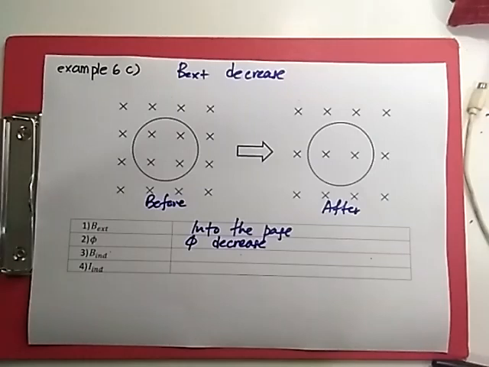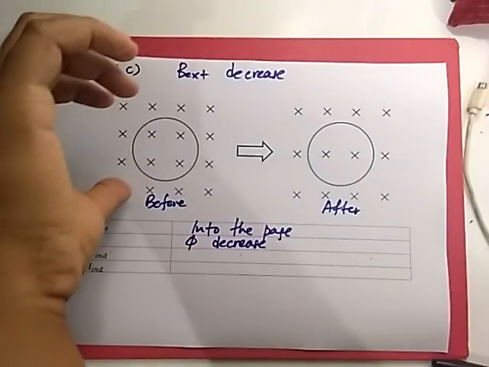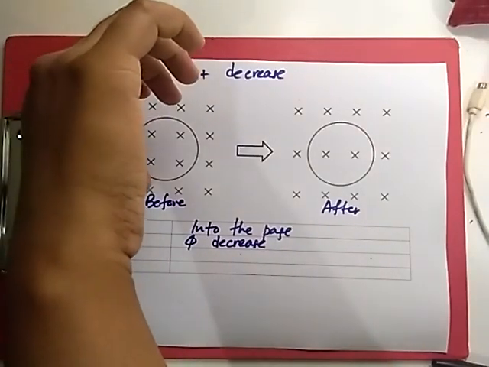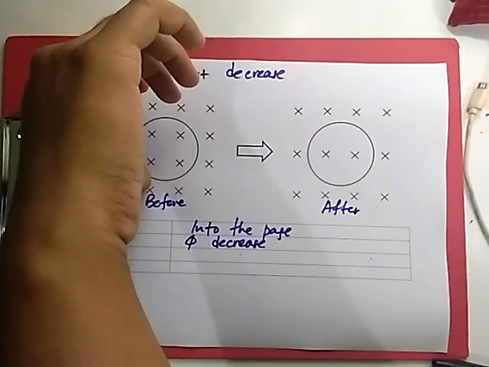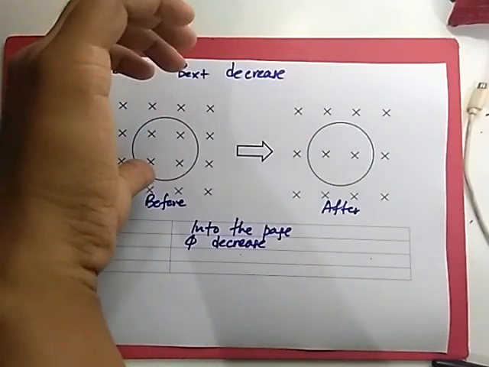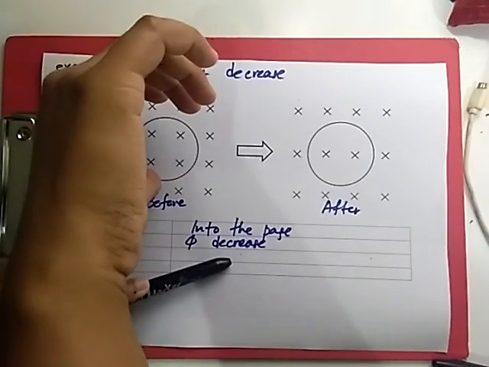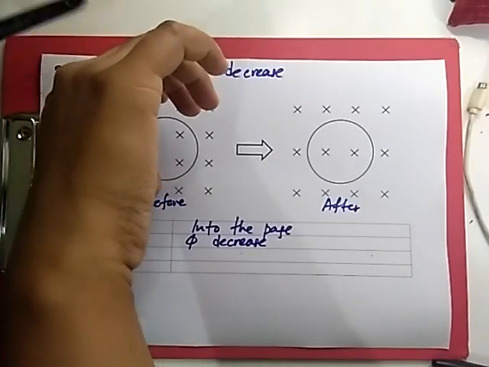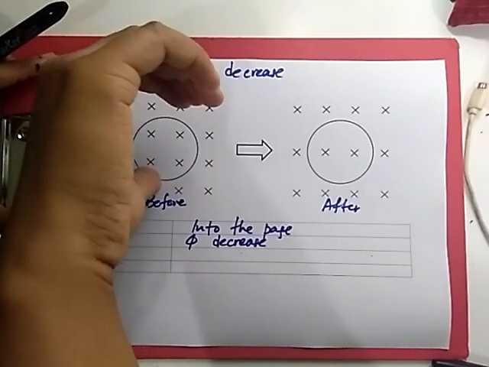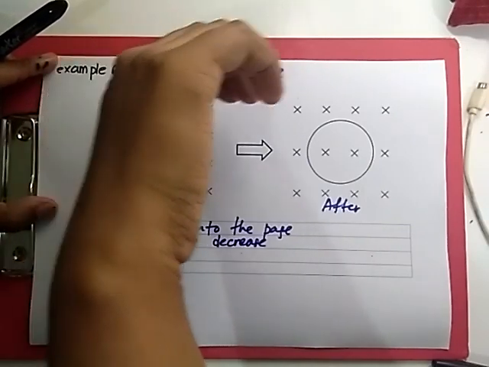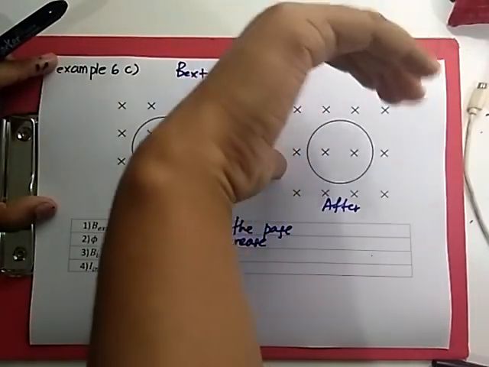Okay. So we use our right hand grip rule to determine the direction of induced magnetic field. So initially the magnetic field masuk ke dalam. Apabila magnetic flux decrease, the direction of induced magnetic field is in the same direction as the external magnetic field.